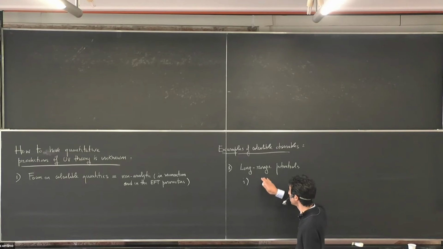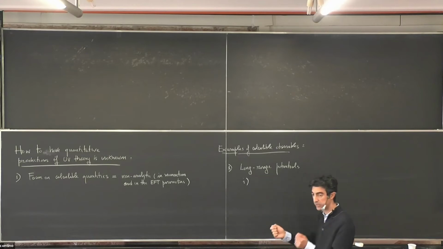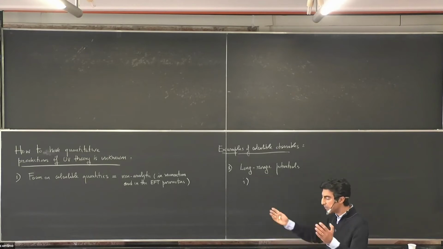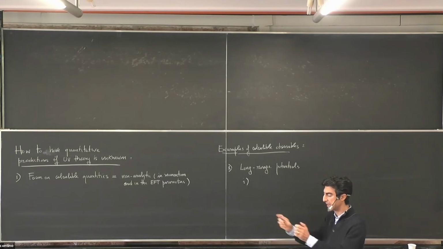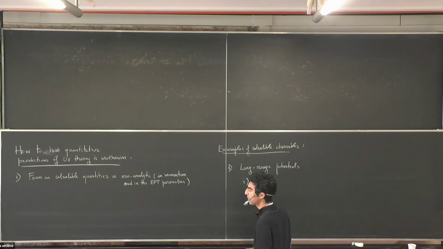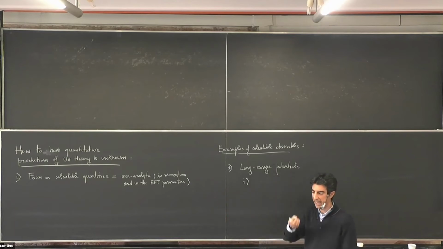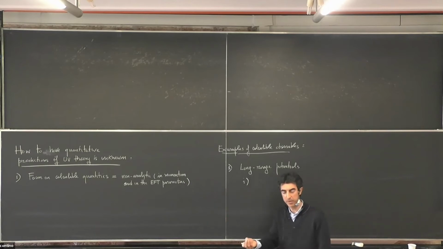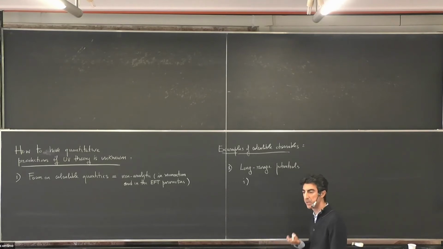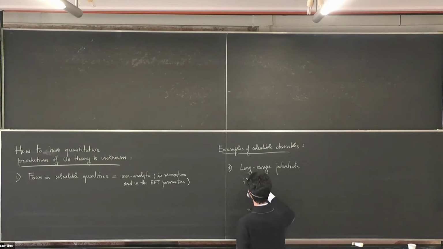But others, like for example the correction to the Newtonian potential, which is an effect occurring at a finite distance, will be calculable. Of course, this correction will be super small because it's suppressed by M Planck, but still it's an unambiguously calculable quantity that you can consider computing within the effective field theory.